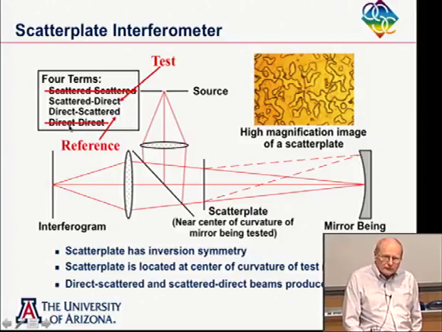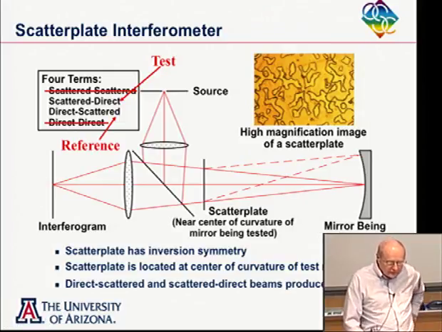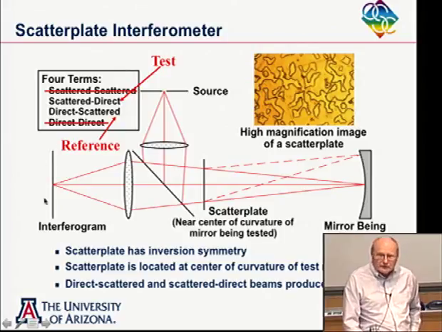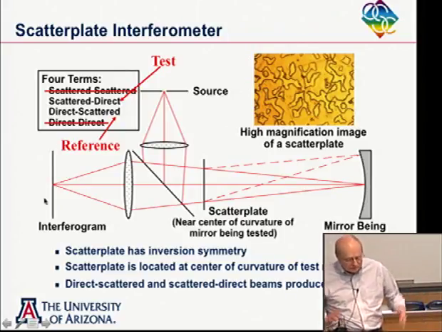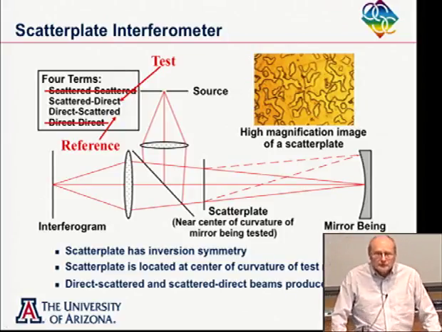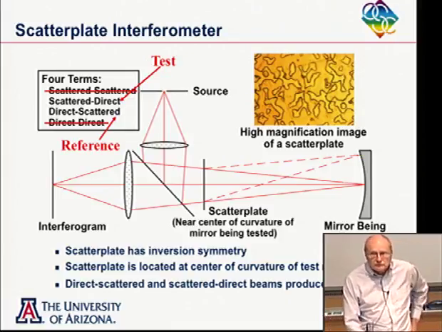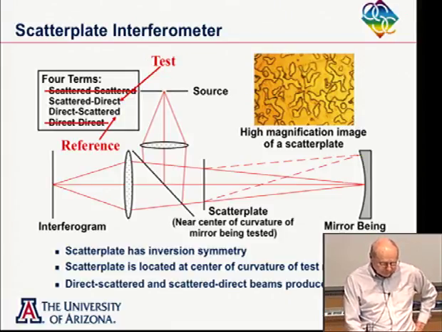We'll see it in the final interferogram, but it's not going to bother us. Then we're going to have a beam that is scattered the first time and is scattered the second time through, and that's just going to give a little mess here. It's going to reduce the contrast of the fringes a little bit, but when we look at the interferogram, we'll see it's still going to be an excellent interferogram.